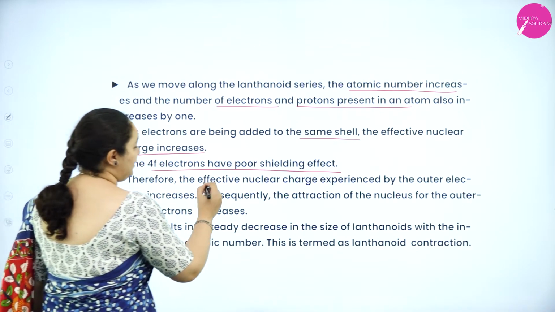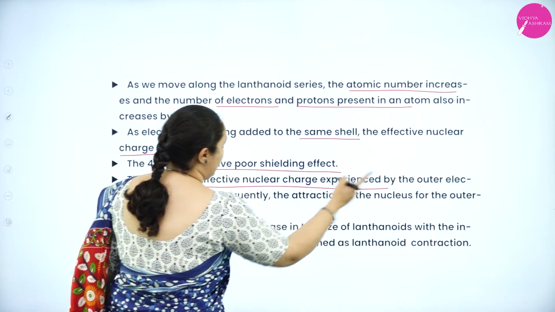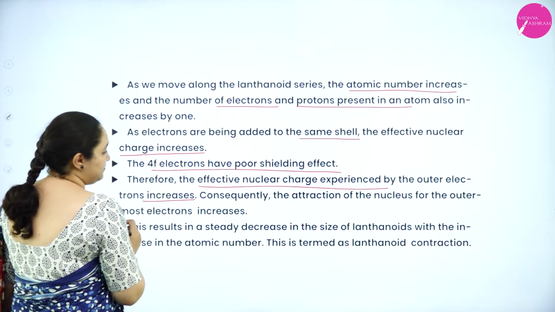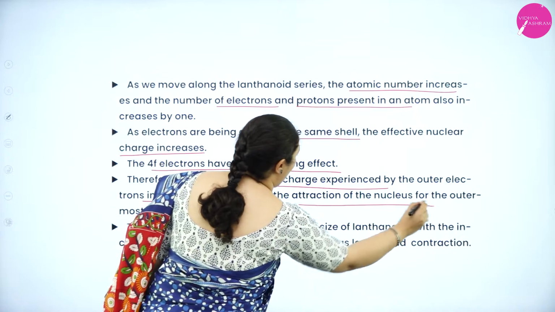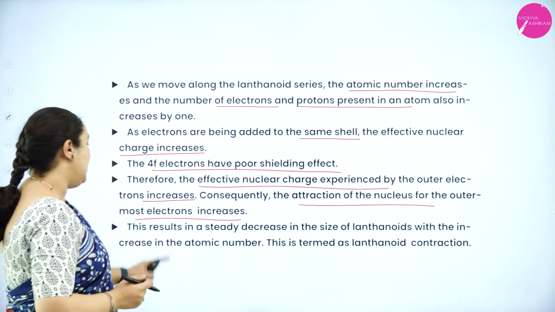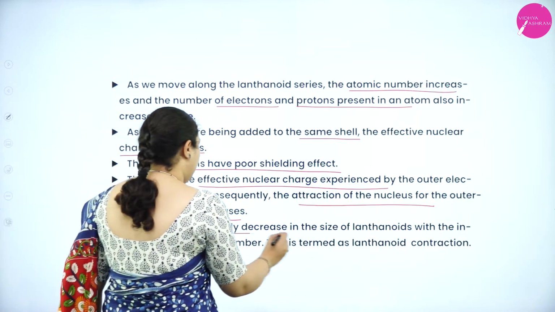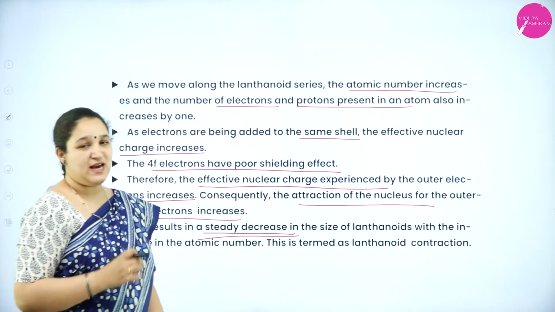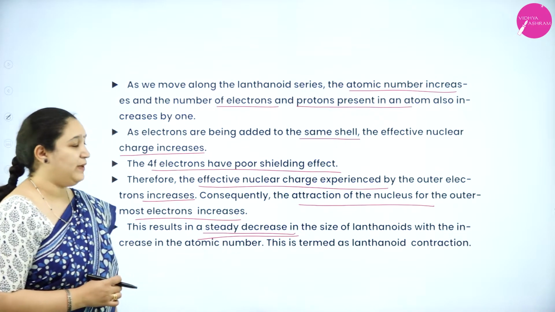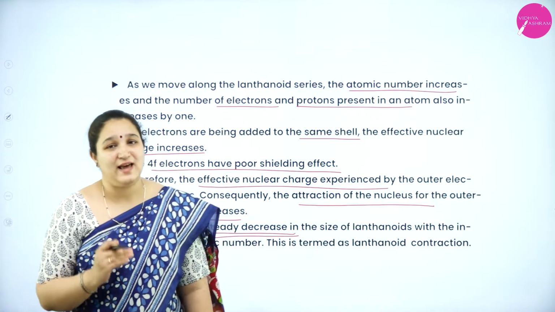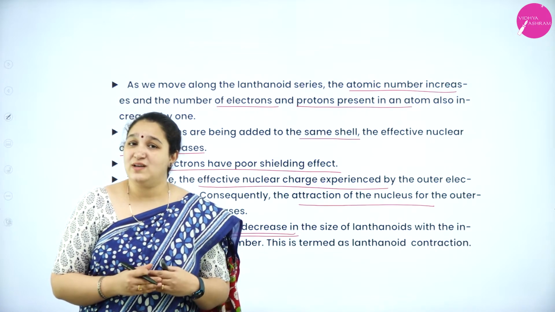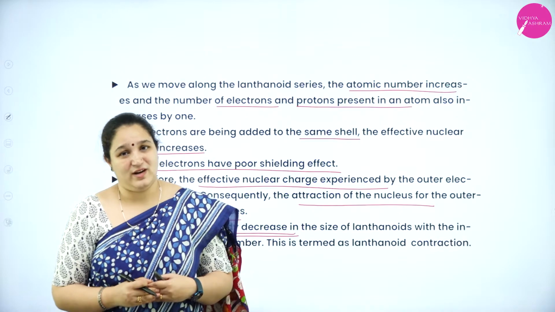Thus, the effective nuclear charge experienced by the outermost electrons increases, and due to this, the attraction of the nucleus to the outermost electrons also increases, resulting in a steady decrease in the size of lanthanoids with increase in atomic number. This is called lanthanoid contraction. I hope you have understood what lanthanoid contraction is.